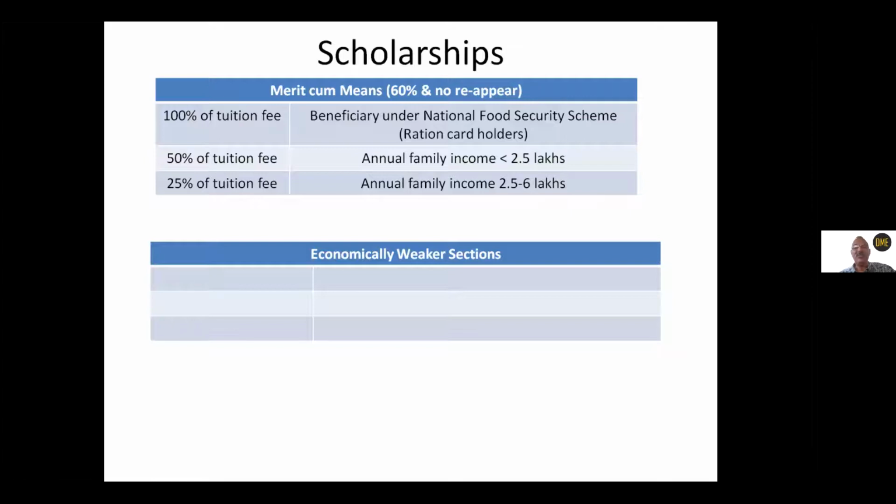You must have read in economics that Delhi is the richest in terms of per capita income, and the students get advantage of that also, in terms of scholarships. And then there are many more scholarships for economically weaker sections, for the reserved category, and all those categories.